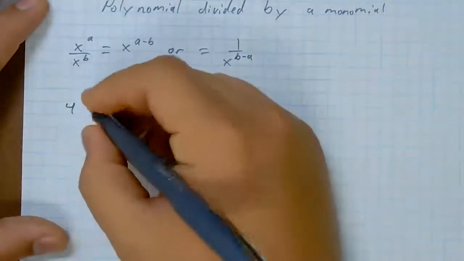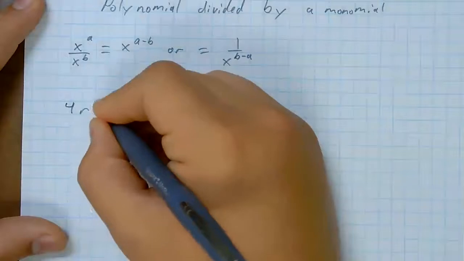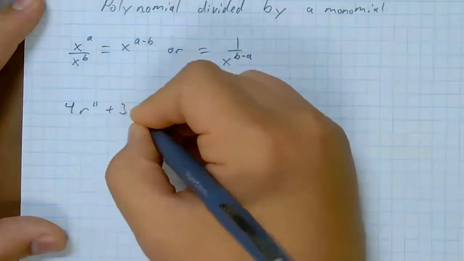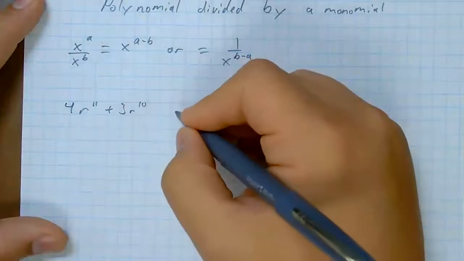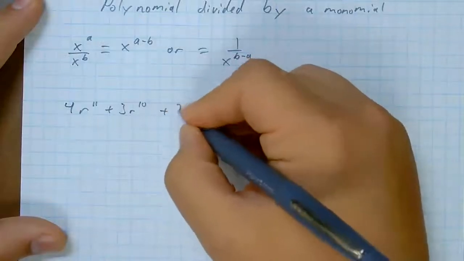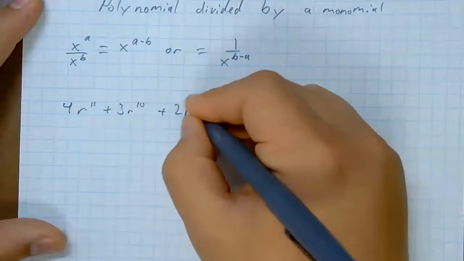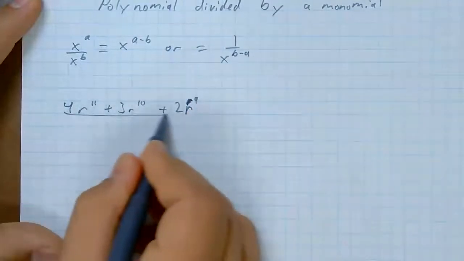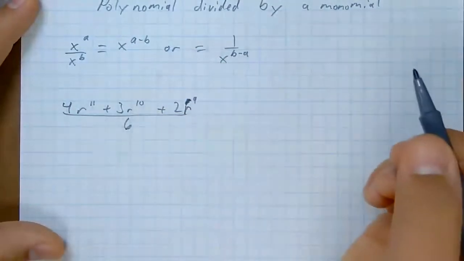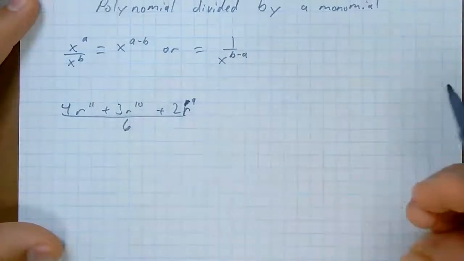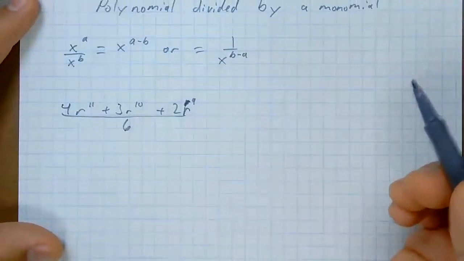Here we have 4r to the 11th plus 3r to the 10th plus 2r to the 9th, all over 6. We're going to start dealing with coefficients first, and then we'll build in those variables in a minute.